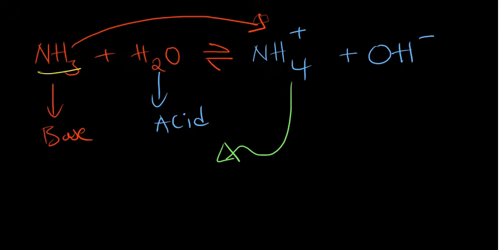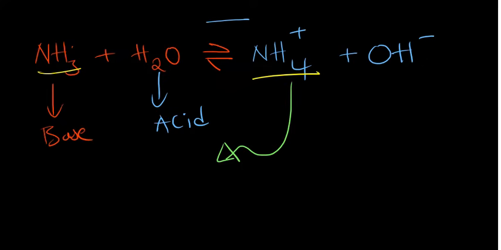So NH4, when I'm using these arrows there, they show that there's a possibility of going back this side, meaning that whatever is on the right can react back to give us what is on the left. So if you consider a backward reaction, one thing that you're going to notice is the NH4 and the OH-.